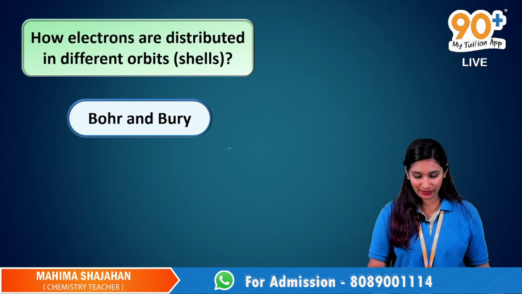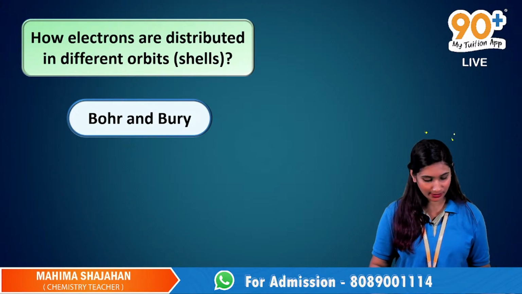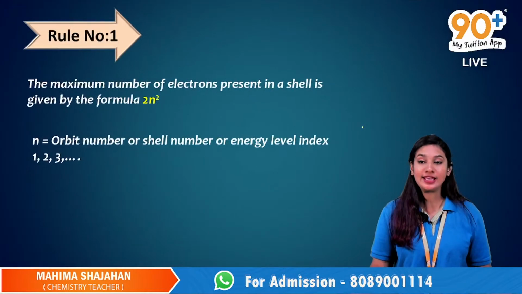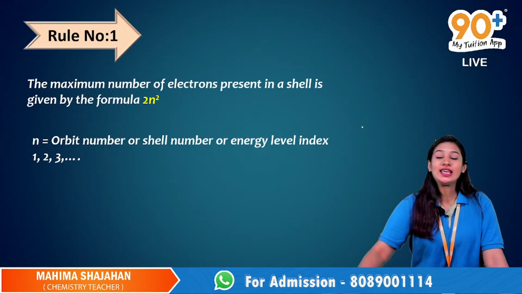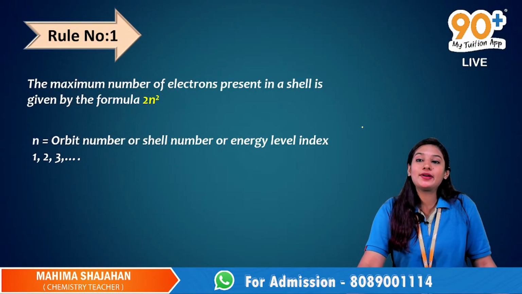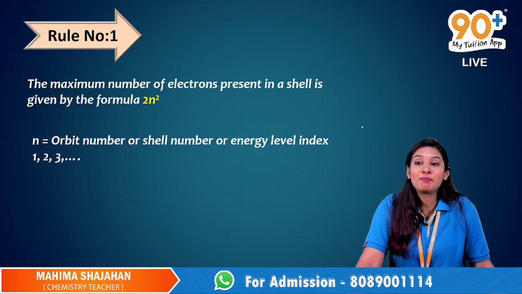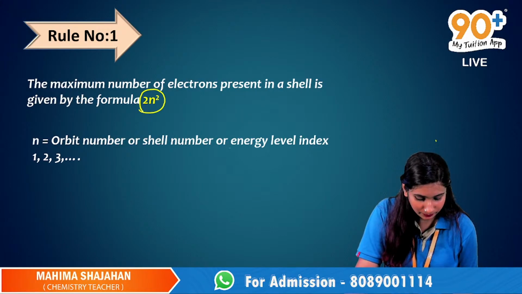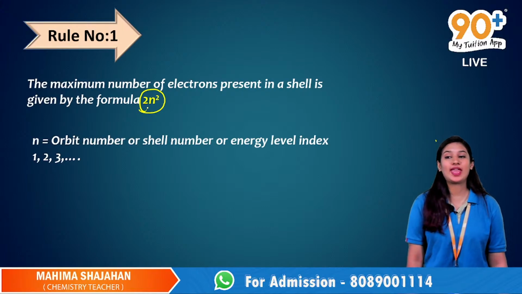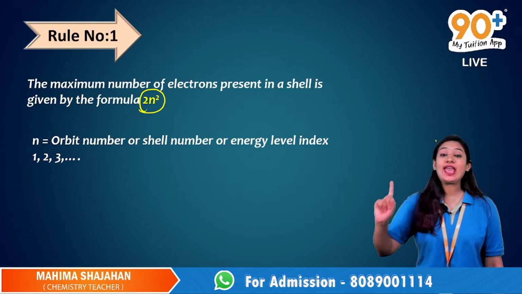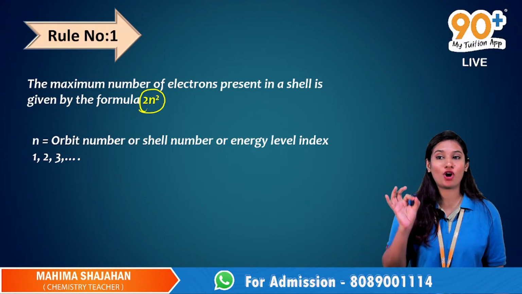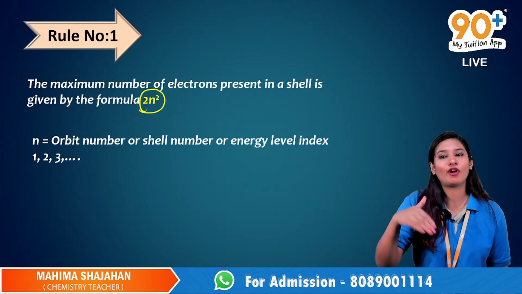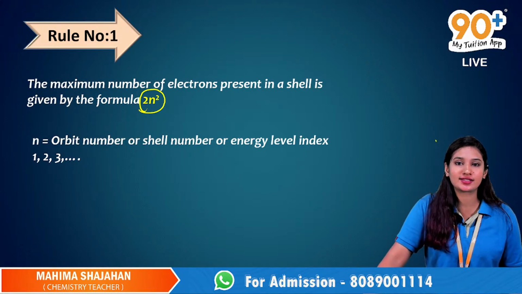Now, the very first rule is that the maximum number of electrons present in a shell is given by the formula 2n square, where n is the number of the orbit or shell, the energy level index.